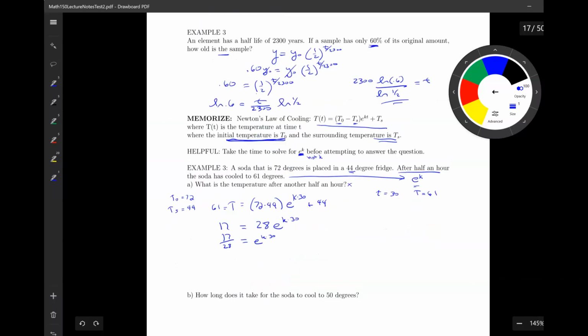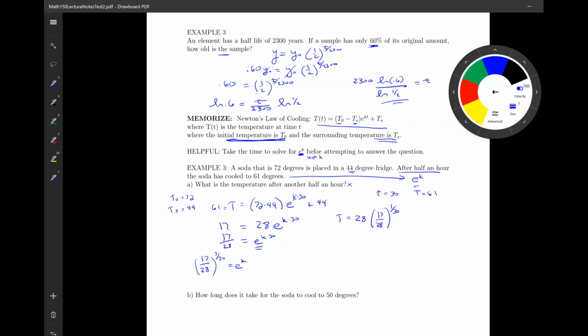Remember, you're solving for e to the k. So 17 over 28 to the 1 over 30 power. Now put that back in. My temperature formula will be 28, and instead of e to the k, I'm going to put in 17 over 28 to the 1 over 30 power, and that's all to the t.